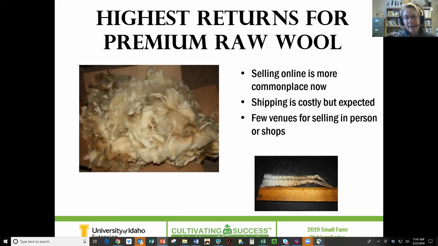And we have such a wonderful opportunity now of selling online. Shipping is costly, especially for something like a raw fleece, but it's expected. And people have an easier time, I think, paying for shipping and realizing that the convenience is wonderful.